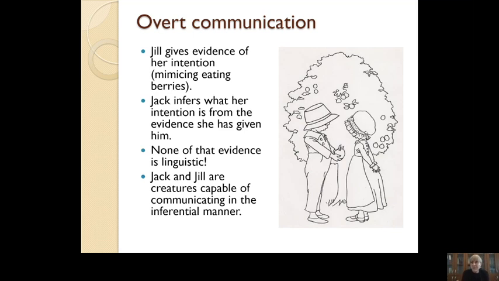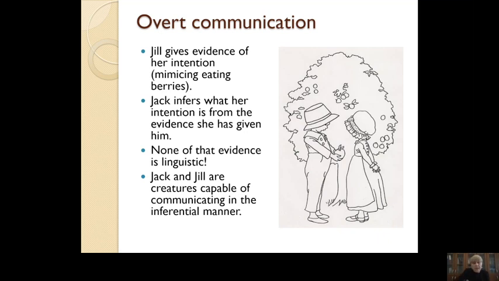So the evidence I provided you with is not linguistic, okay? So we might conclude that we can communicate without language, right? So Jack and Jill, as well as you and I, are creatures capable of communicating in the inferential manner.